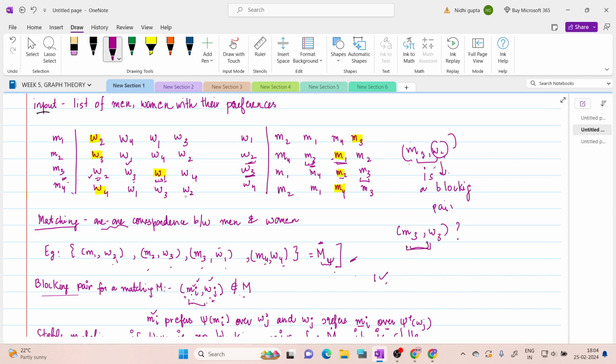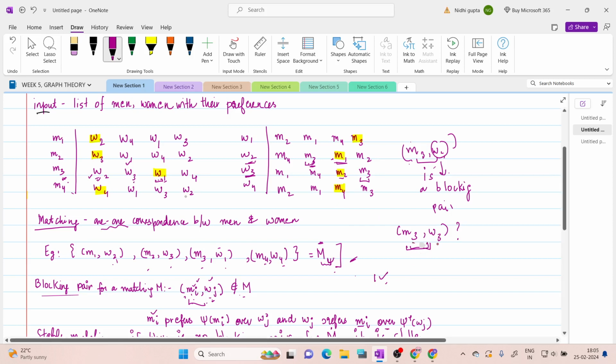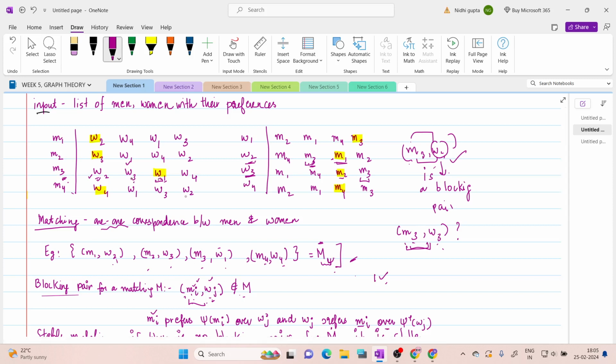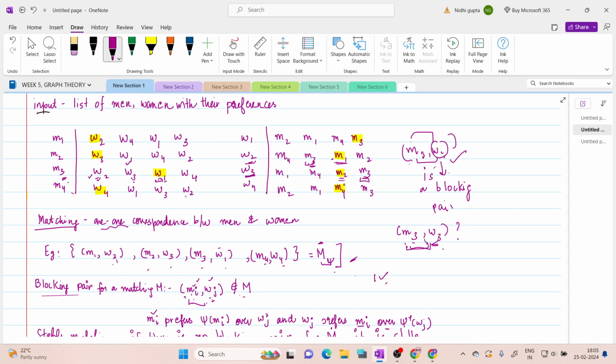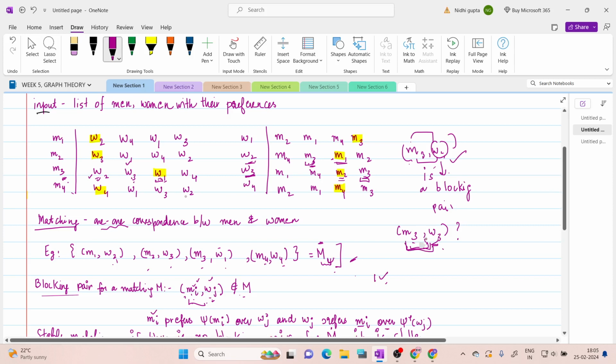For a blocking pair, M3 W2 was a blocking pair because in this both were happy with the new assignment. But in M3 W3, M3 has been given W1, so if he is given W3, he will be happy. But if W3 is given M3, she won't be happy because she was getting a better preference earlier. If after the new assignment both are happy, then that is a blocking pair.